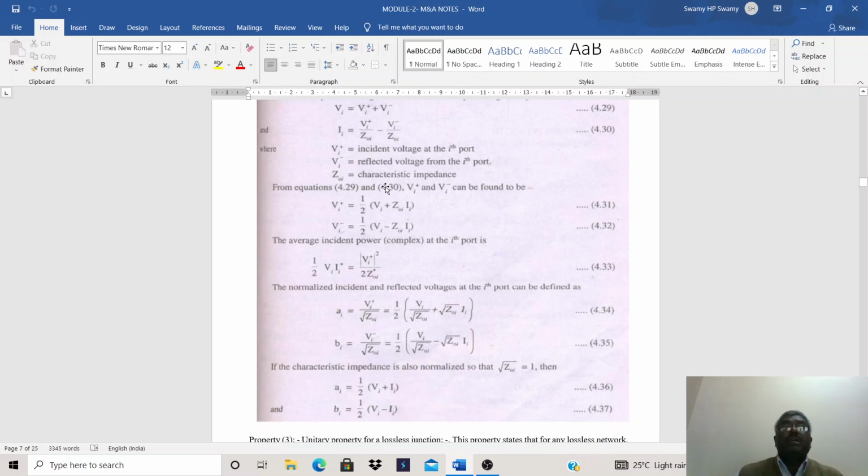So if you put these equations in the above equations, Vi+ = 1/2 (Vi + Z0i Ii), Vi- = 1/2 (Vi - Z0i Ii).